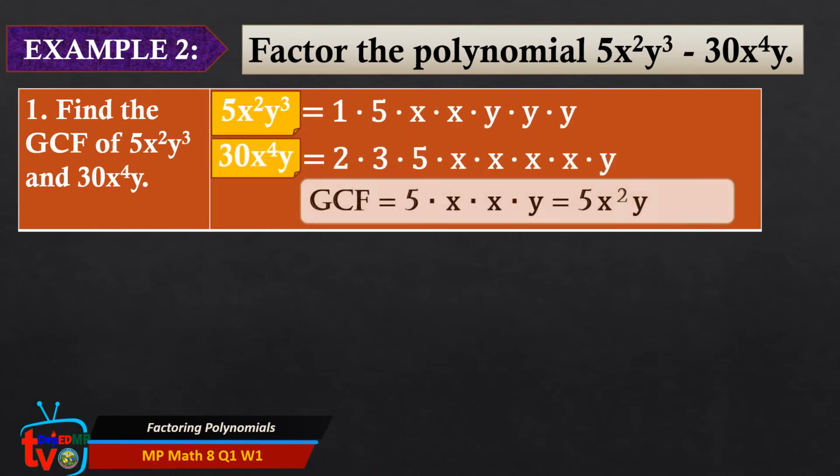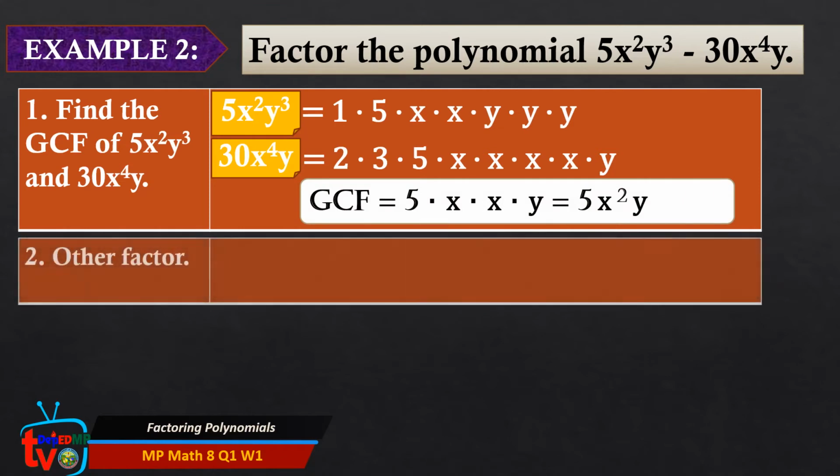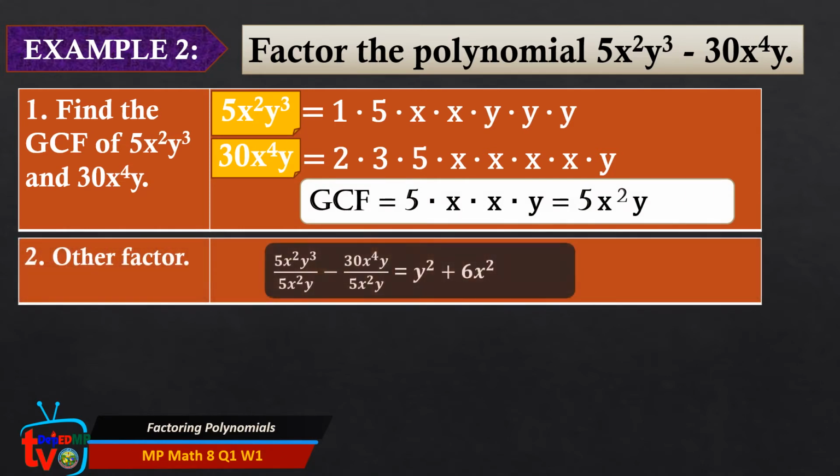Again, to find the other factor, we are going to divide the polynomial by the GCF, which is 5x squared y. So we have 5x squared y cubed divided by 5x squared y. 5 divided by 5 is 1. x squared divided by x squared is 1. And then y cubed divided by y is y squared.